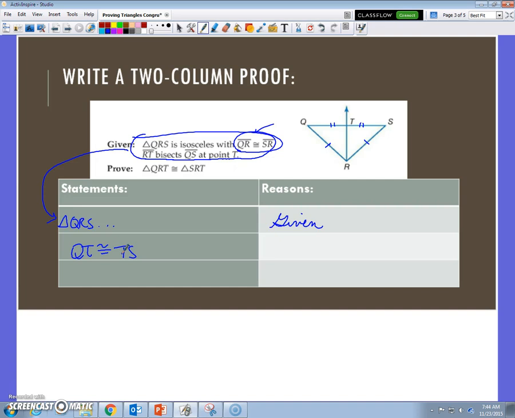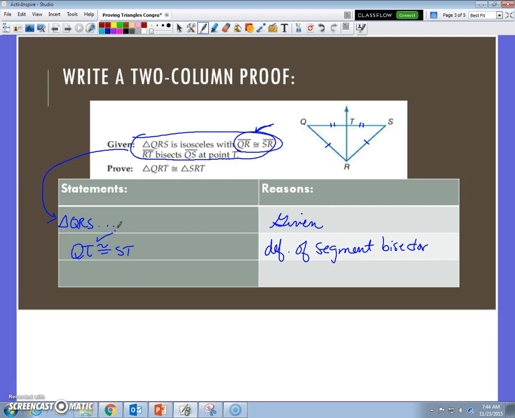Or I should say, we should really put the letters in order. We'll say it's congruent to ST. QT is congruent to ST because we know that this line bisects this segment, so we're going to say the definition of segment bisector. So now we have the original congruent segments and my second set of congruent sides.